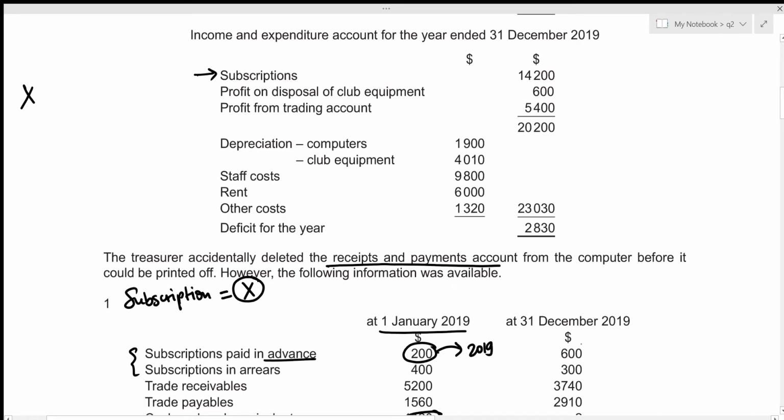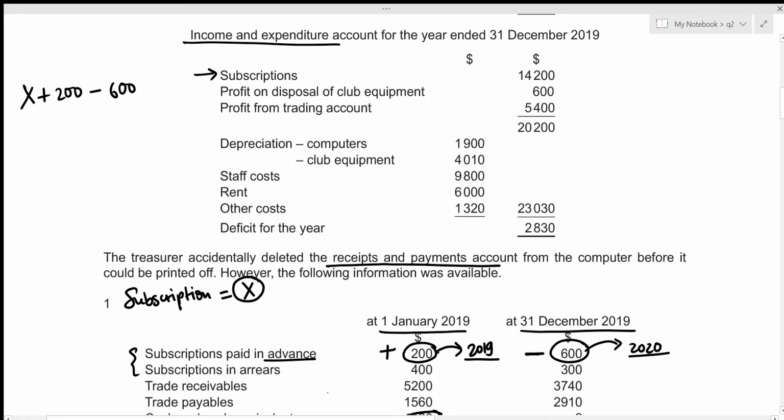Similarly, our advance at the date of 31st December 2019 means that this 600 is paid for the next year of 2020. And since we're talking about income and expenditure account for this particular year, we only record those incomes and expenditures relating to the year ended 31st December 2019. And this 200 is definitely associated with the year 2019, whereas this 600 is associated with the year 2020, meaning that this value of 200 should be included, whereas this value of 600 should be excluded. So we're just going to add the 200 and subtract the 600.